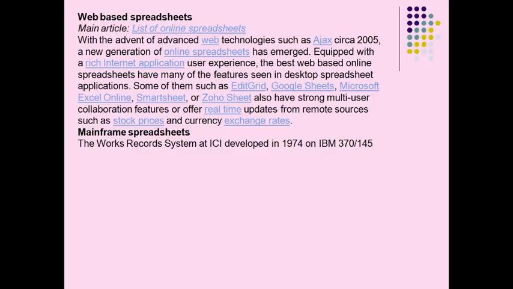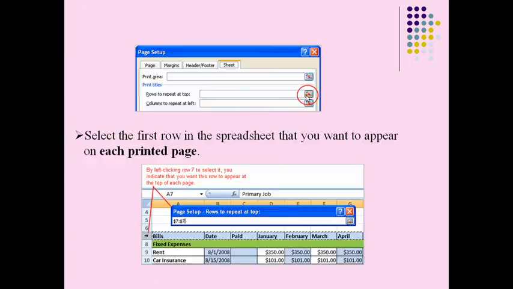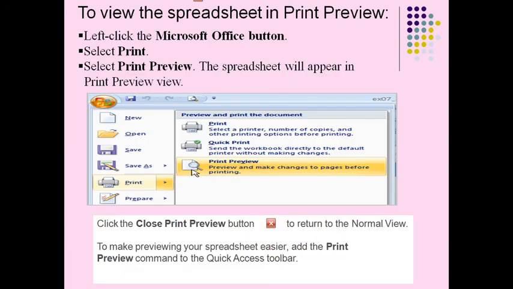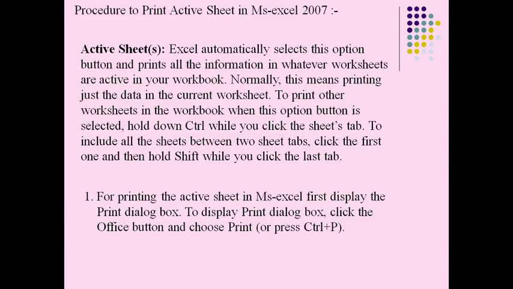So today in this class we have discussed the procedure to print the active sheet in MS Excel 2007, and I have shown you practically by sharing the application and taking an example.